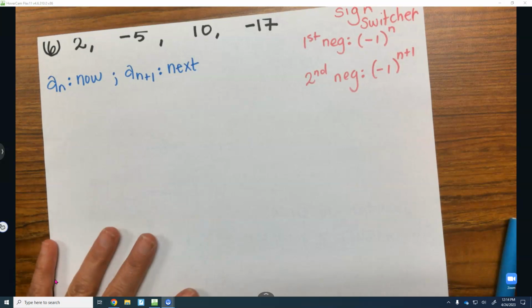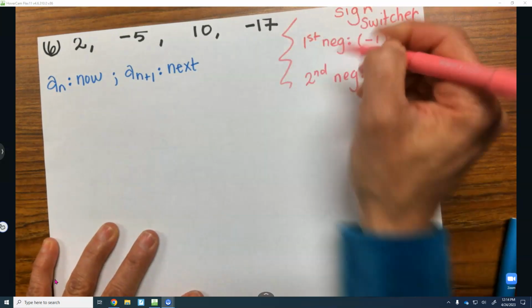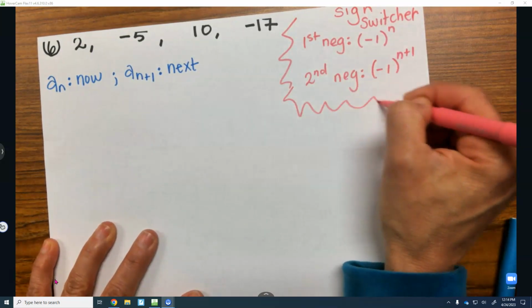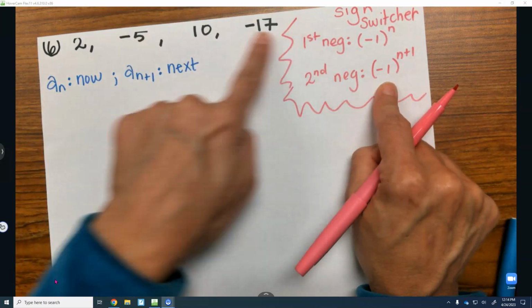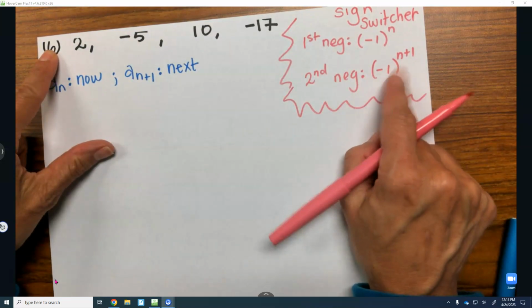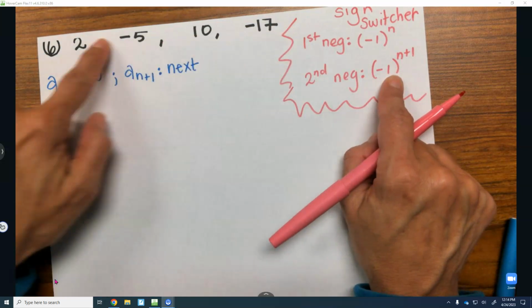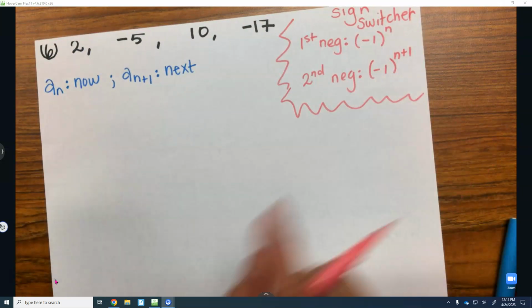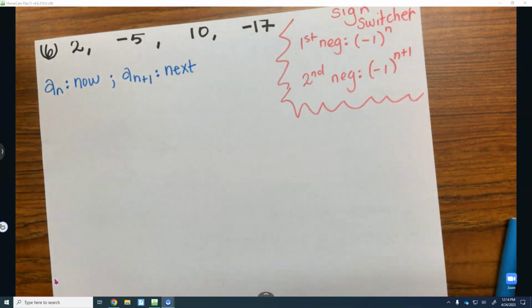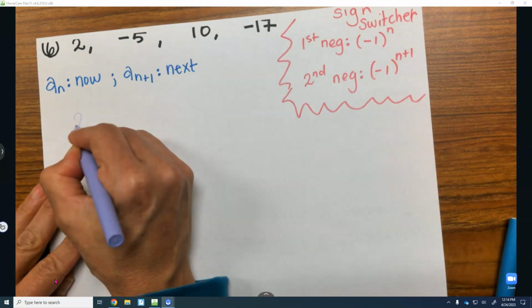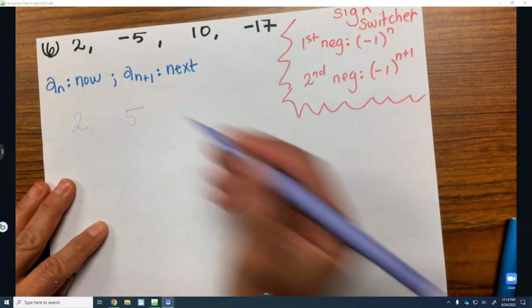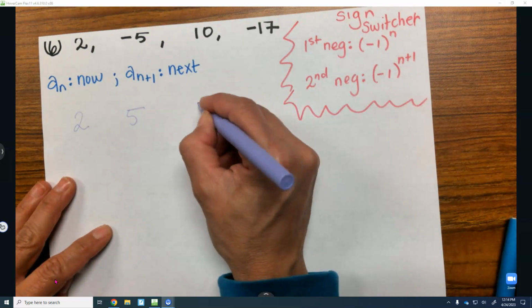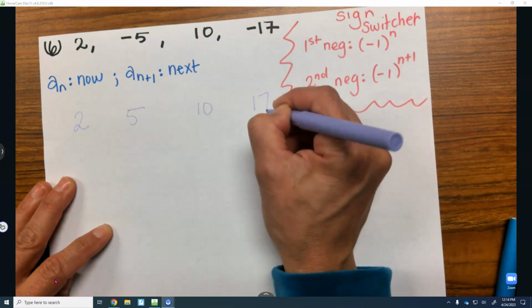All right. So we're going to use this second one right here. So I know what to do to take care of these negatives. I'm going to put this in front of it. Since I know what to do to take care of those negatives, I don't even care about the negative signs anymore. Let's just analyze absolute value. 2 to 5 to 10 to 17.